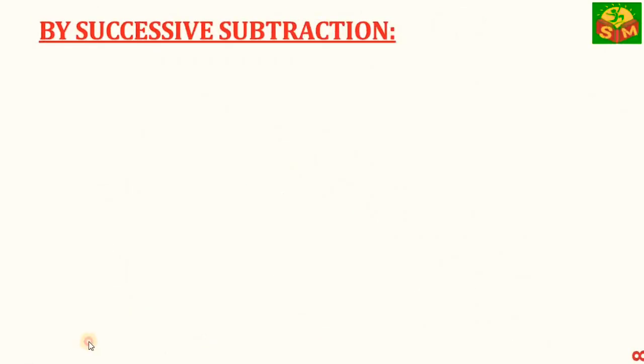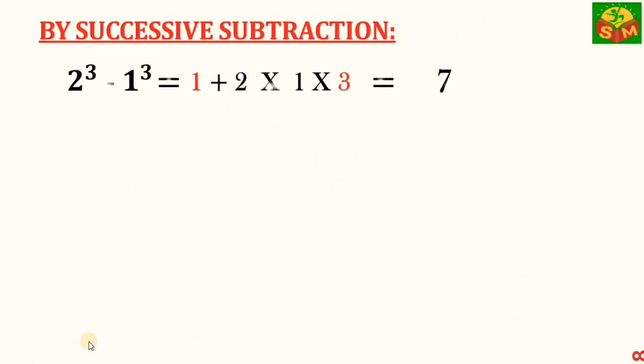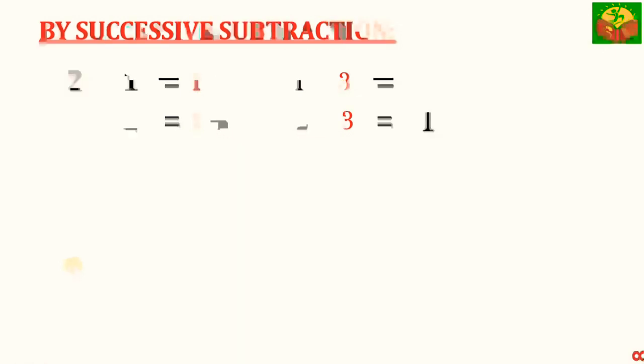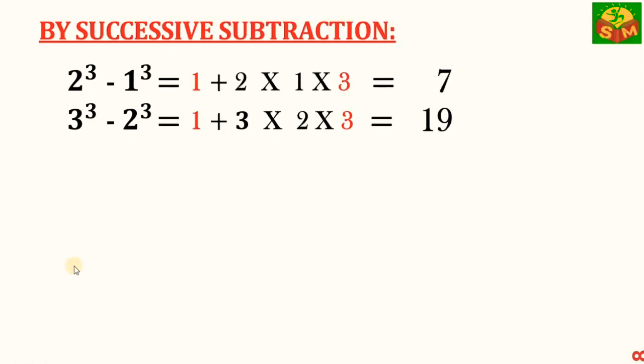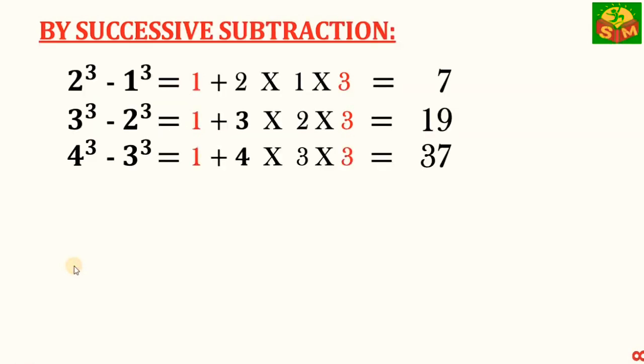To calculate the common difference, you will find a simple rule here. That is 2 cubed minus 1 cubed equals 1 plus 2 times 1 times 3 equals 7. And 3 cubed minus 2 cubed equals 1 plus 3 times 2 times 3. And again 4 cubed minus 3 cubed equals 1 plus 4 times 3 times 3.